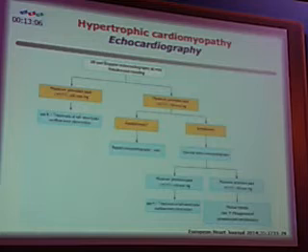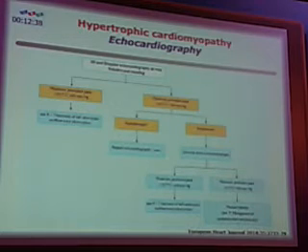So, as I said at the beginning, we have to separate the patients: those with a left ventricular outflow tract pressure gradient of more than 50 millimeters of mercury, and those with less than 50.